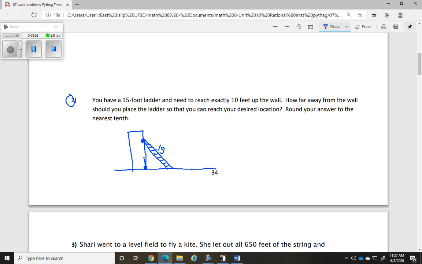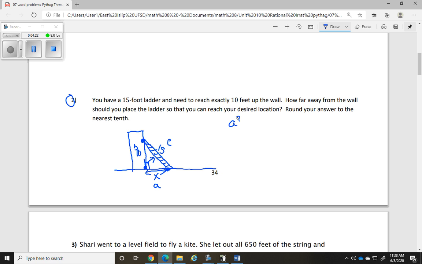So from the ground up, this is 10, and walls make right angles with the floor. So I know that this 15 is actually my hypotenuse, my C. It's asking how far from the wall should you place the bottom of the ladder. So they're asking what this distance is. So we can call this A and this B, and then that 15 is C.